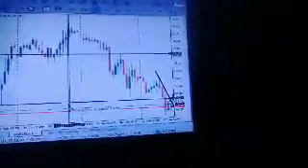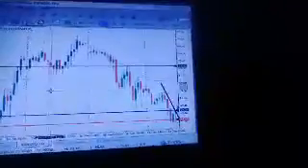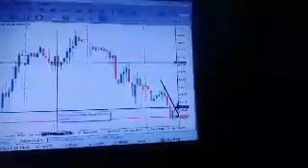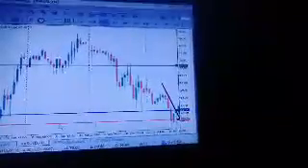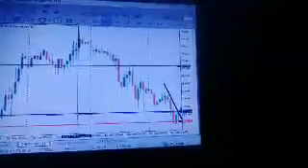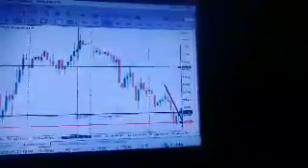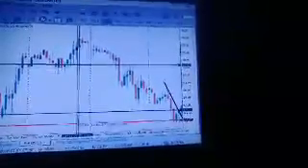Okay, so this is about 1.6 pips. Let me just make this 2 pips. So this stop loss is about 2 pips.